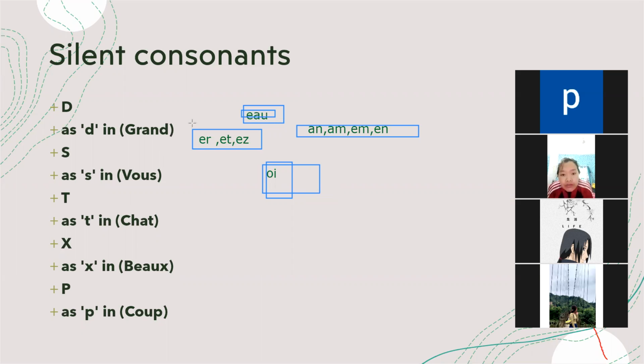And how do ER, ET, and EZ sound? It sounds like A, if they are placed at the end.